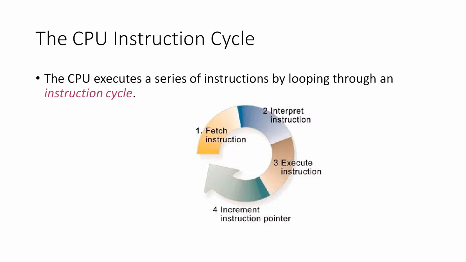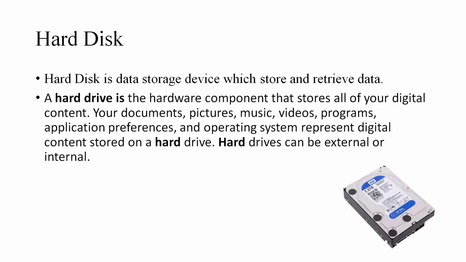Number 3, it is going to execute the instruction and will show us the desired output. Number 4, increment instruction pointer: it will increment the instruction pointer so that whatever the next instruction is, it is going to be fetched, interpreted and executed. This whole cycle continues on. So this is how a CPU works.